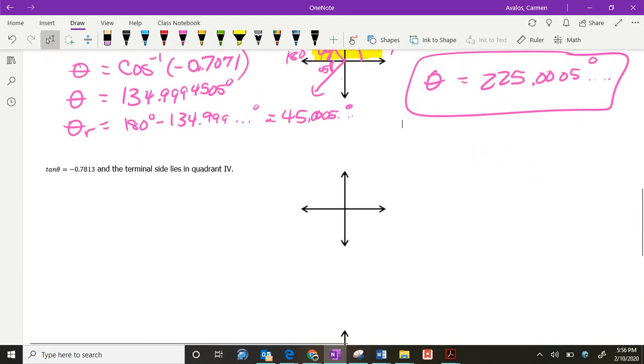So another question here. This one is the tangent, and this one is going to be a negative trig ratio, and it's falling in quadrant 4. So if we have it in quadrant 4, it's the same thing: tangent inverse of negative 0.7813.